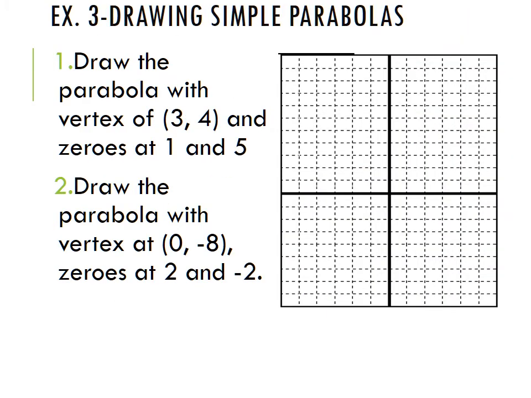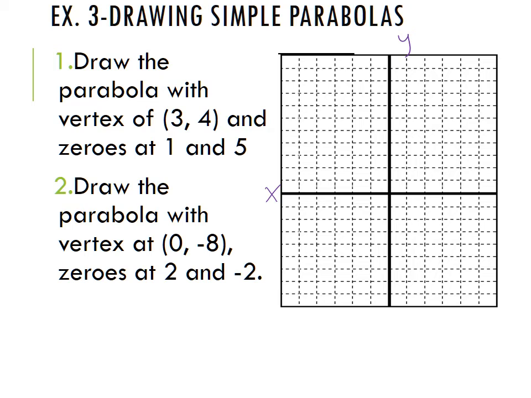Now we're going to move on to drawing some simple parabolas. So all you need to do is make an x and y axis. So let's do that. Remember, x is horizontal, left and right. Y is vertical, up and down. If you have just a ruler, straight edge, make your x and y axis. And then make sure you make a scale.